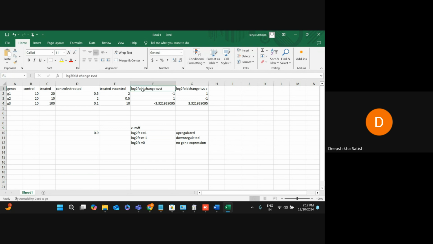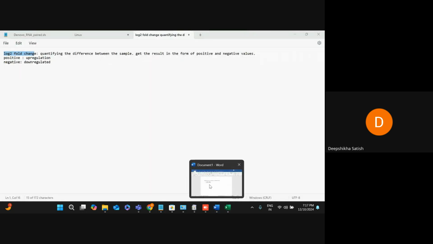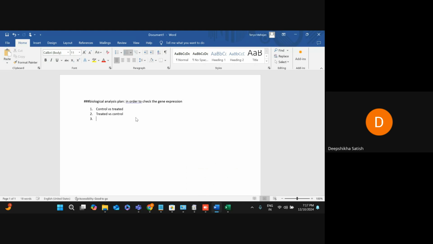Did you get this idea regarding the upregulated and the downregulated? Okay. Now, what are replicates? Can you tell me? The C1 and duplicate C2, copies. Yes.